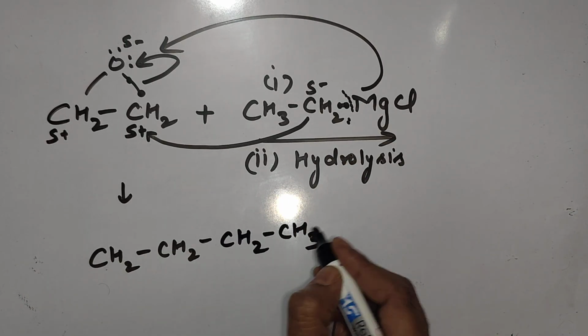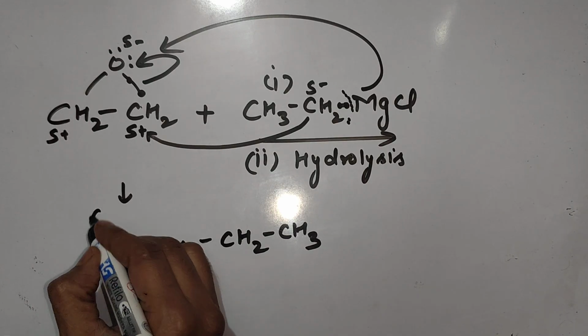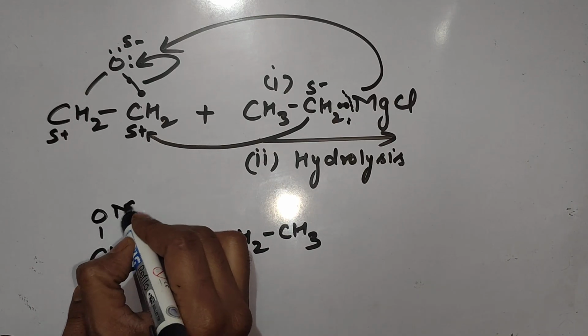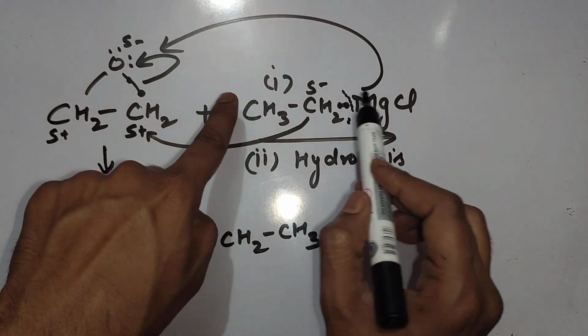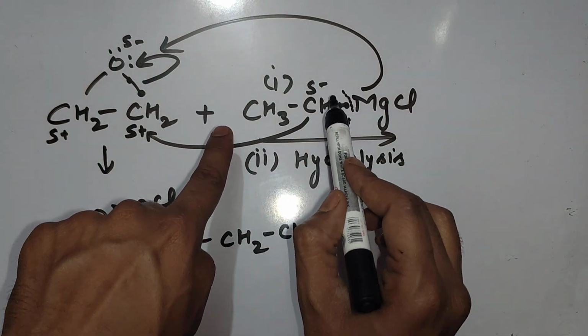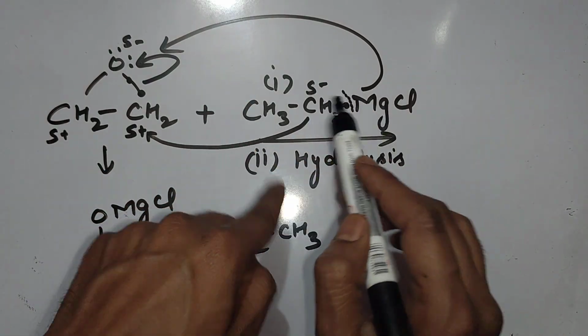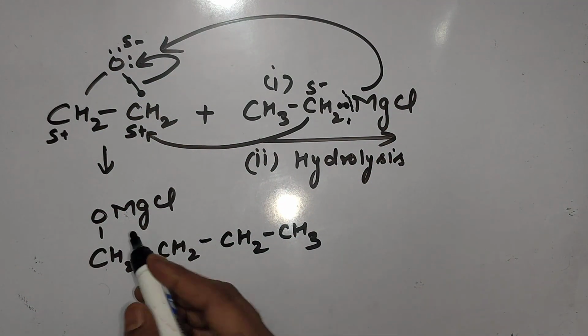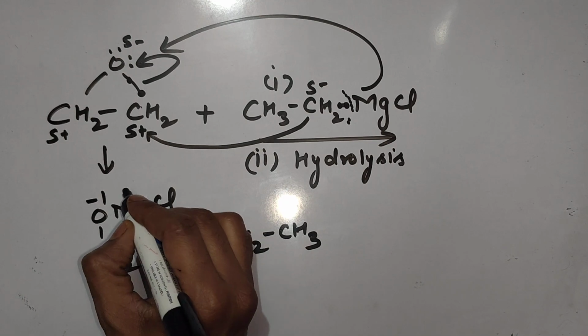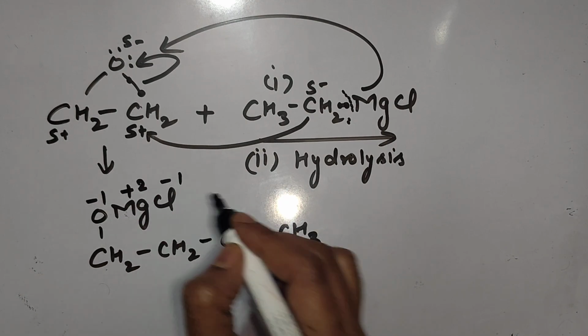So it will make a bond like this. This oxygen, MgCl. What is the name of this Grignard reagent? This is ethyl, this is magnesium, this is chloride. Ethyl magnesium chloride, ethylene oxide. Okay, so this we got. Oxygen has a negative charge, magnesium has +2, chloride has -1.